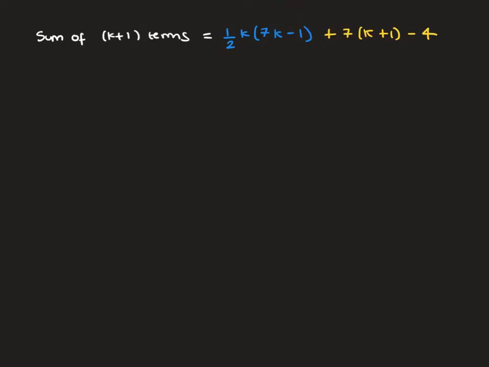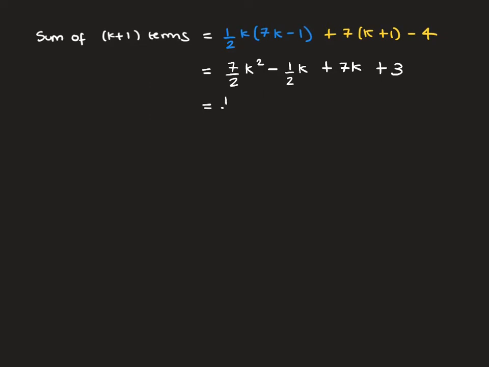So I'm going to simplify what I've got here. So I've got 7 over 2 k squared minus a half k plus 7k, and then 7 minus 4 gives me my plus 3. So here's what I'm going to do.